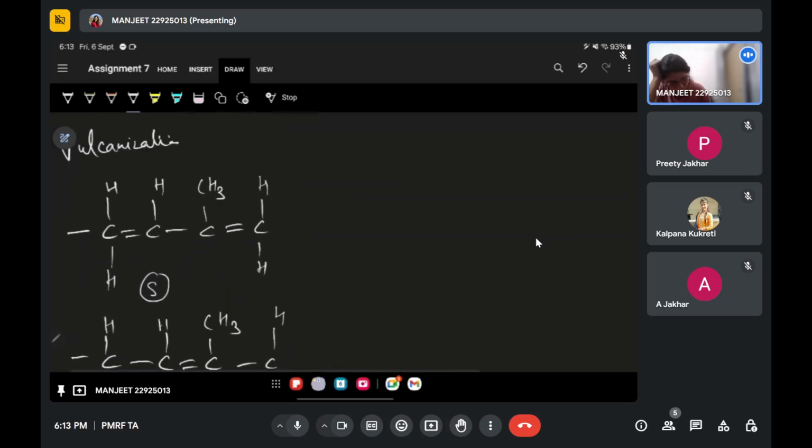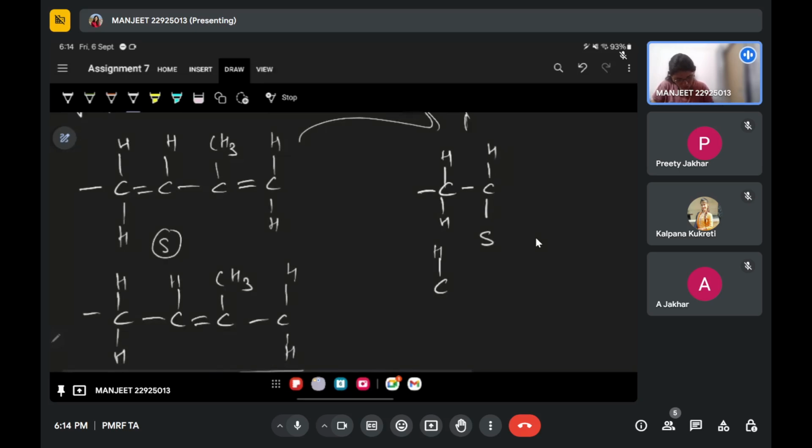After vulcanization, this will become CH cross linked with the sulfur, and again CH double bond, with CH3 single bond.